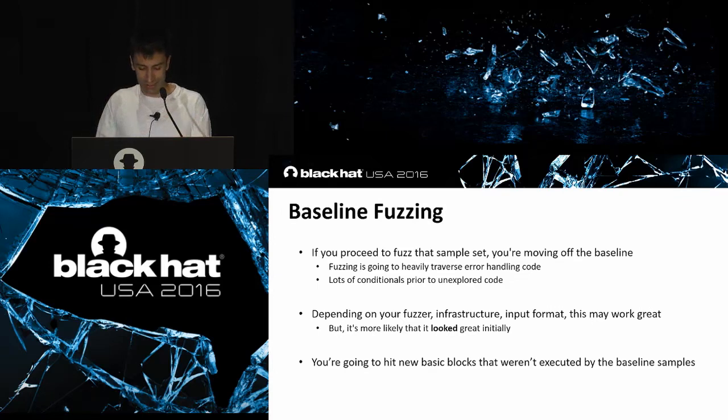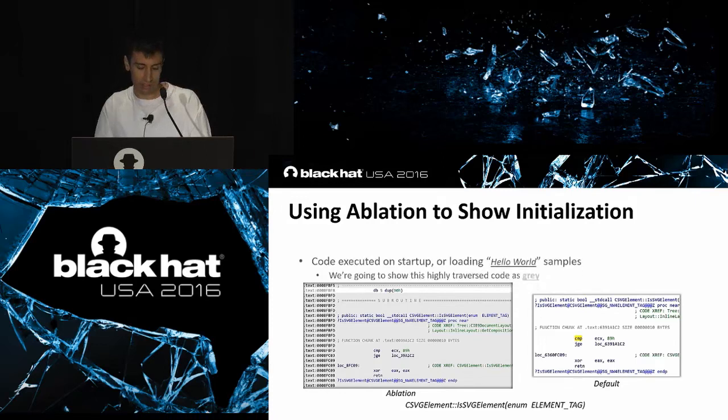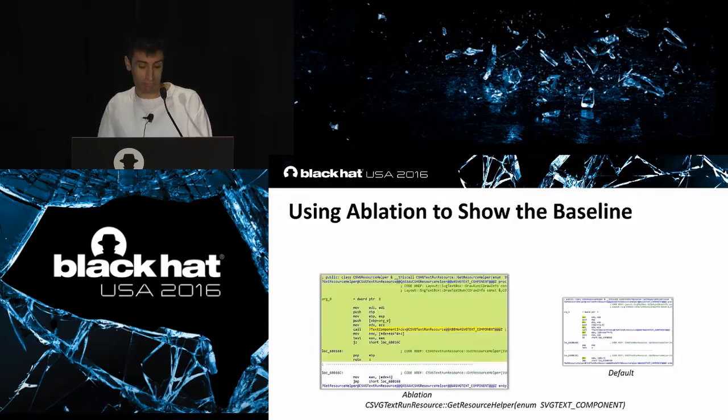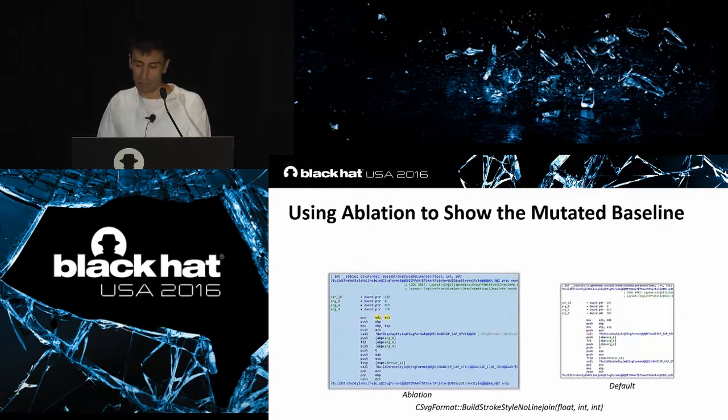But you're going to look at new code that goes beyond their sample set. I like to use gray to show code that was run during initialization, green to show the sample set, and then blue represents the fuzz samples, something that's new. We mutate those samples when we get to new code.